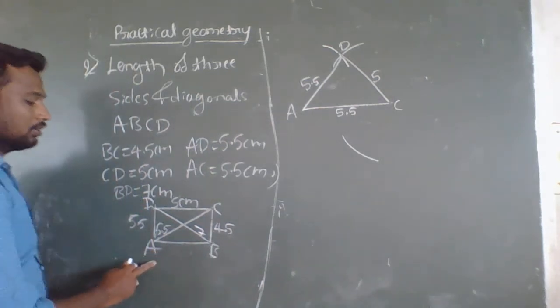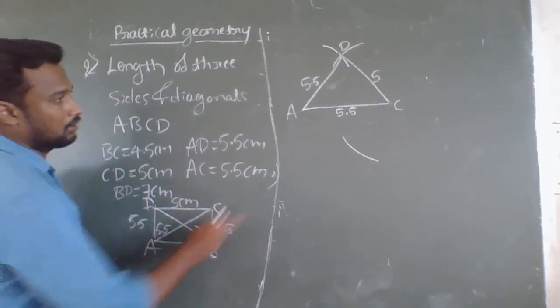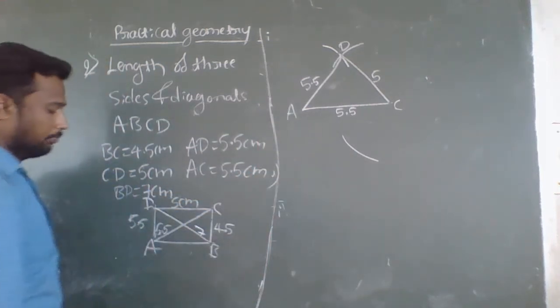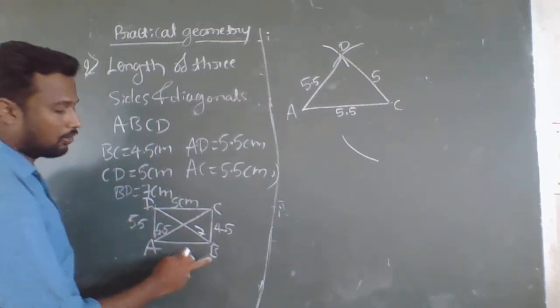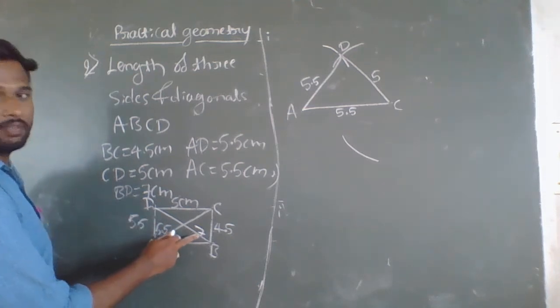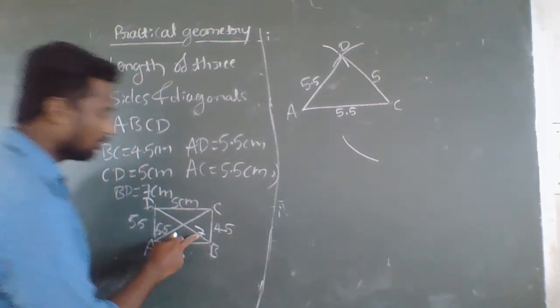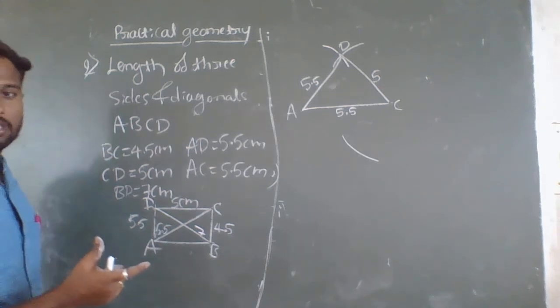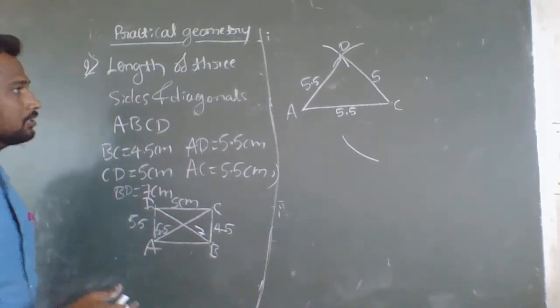And they have not given the length of AB, but they have given the length of DB or BD, which is 7 centimeter. So consider a length of 7 centimeters in your compass.